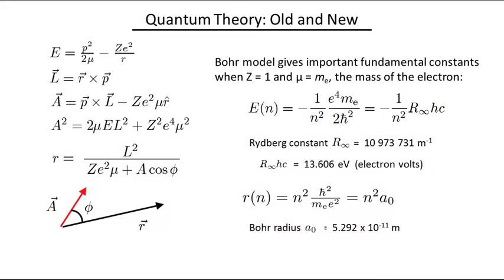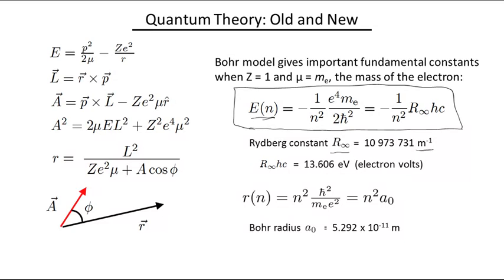So the Bohr energy equation gives rise to a very important fundamental constant, one of the most accurately measured, the so-called Rydberg constant, which takes this value in units of inverse meters. And so the energy levels of the hydrogen atom can be conveniently expressed in complete dimensional form in terms of the product of the Rydberg constant and Planck's constant and the speed of light.